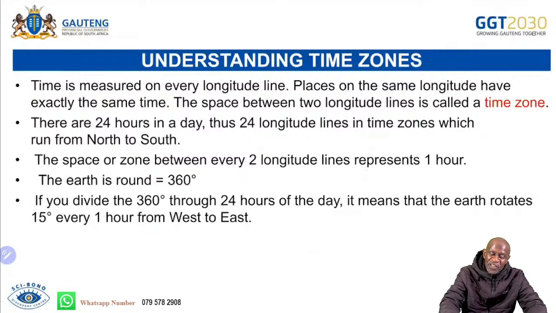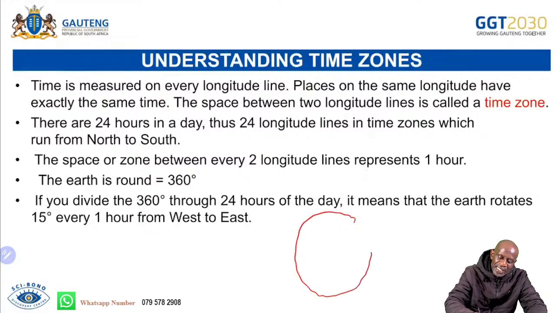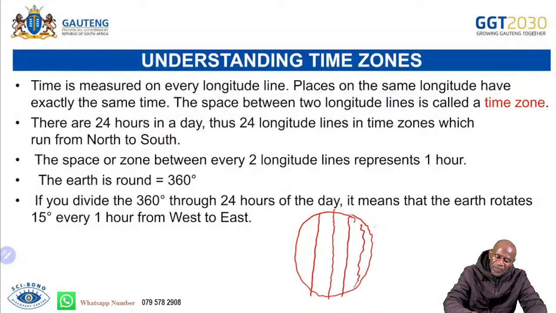So in every physical map or map of the world that you'd come across, you'll find that there are lines that run vertically from north to south. So we would say this is the structure of the earth or the globe.